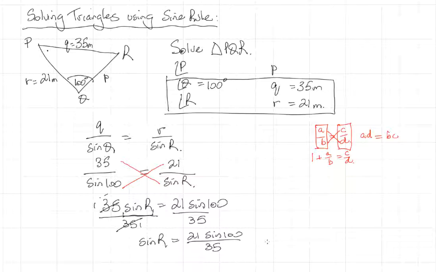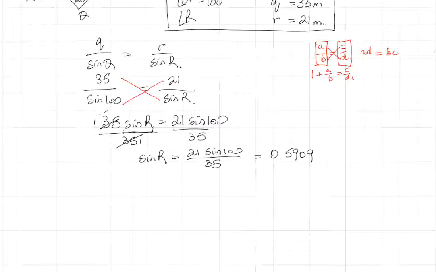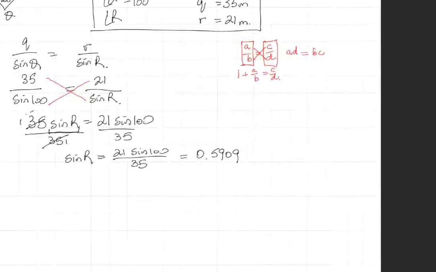And if you like, that will be on your calculator 0.5909. Now it's probably best at this stage as an intermediate stage to keep as many decimal places as possible, not go to 2 decimal places. And we know that if we know the sine, we can use the inverse function for sine.